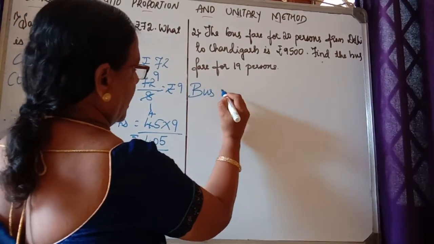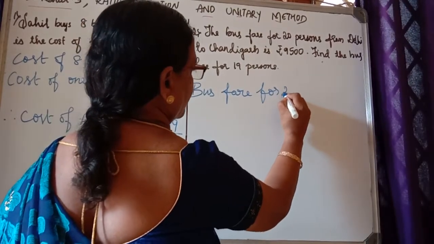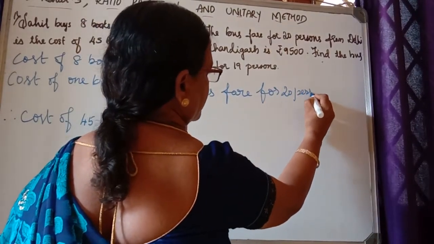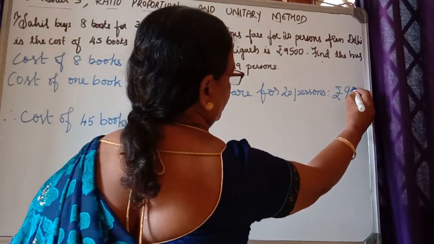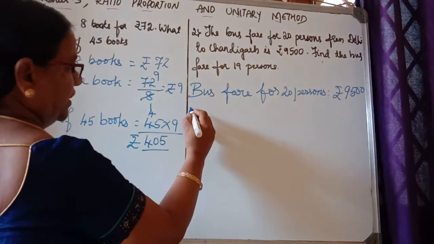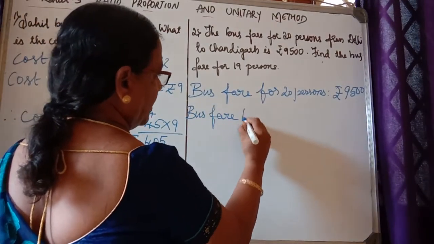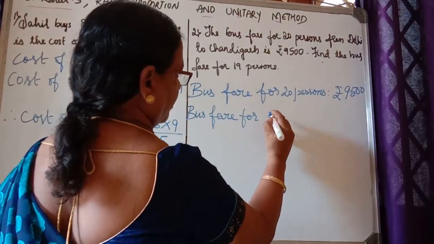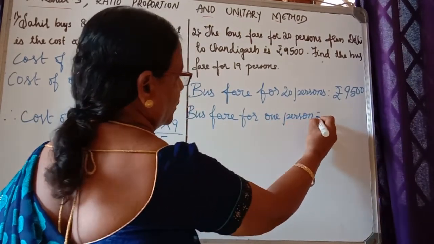What step do we write first? Bus fare for 20 persons, how much? Rupees 9,500. Now we have to find the bus fare for 1 person.